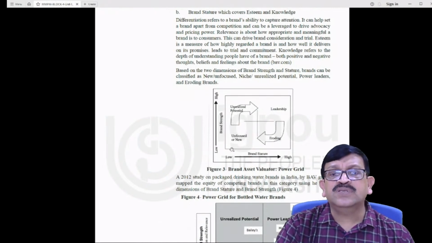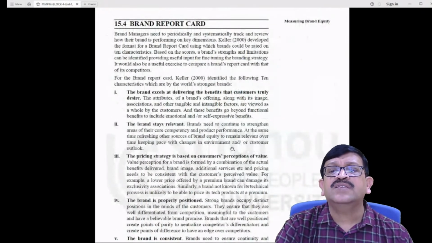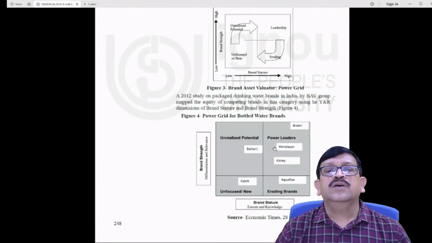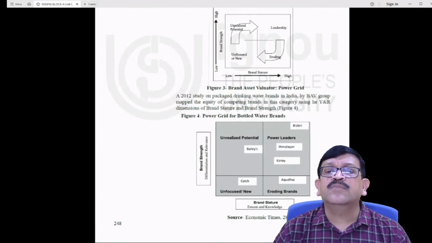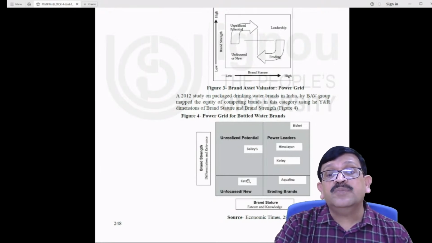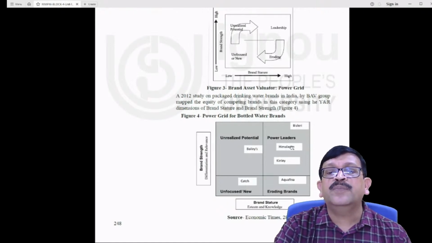So the BAV talks about the power grid in this way. Here there's an example given with respect to bottled water. If you look at the various brands, some of them are in the fourth quadrant, the power leaders.